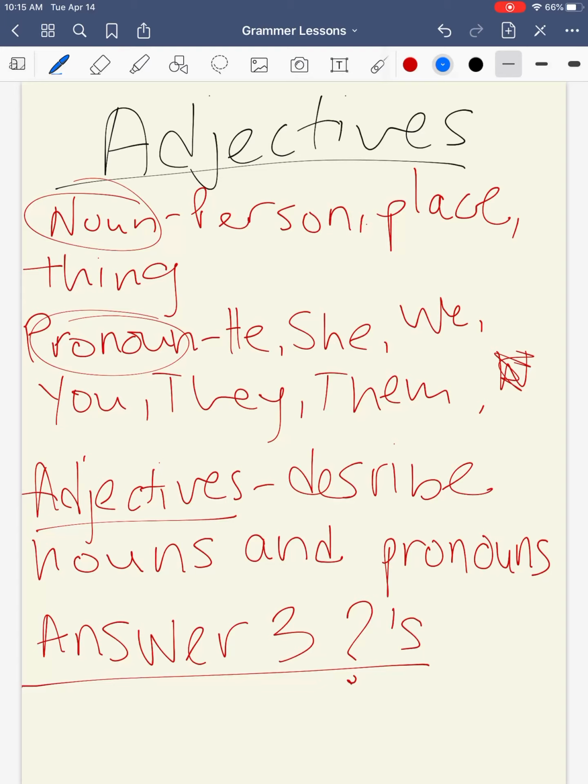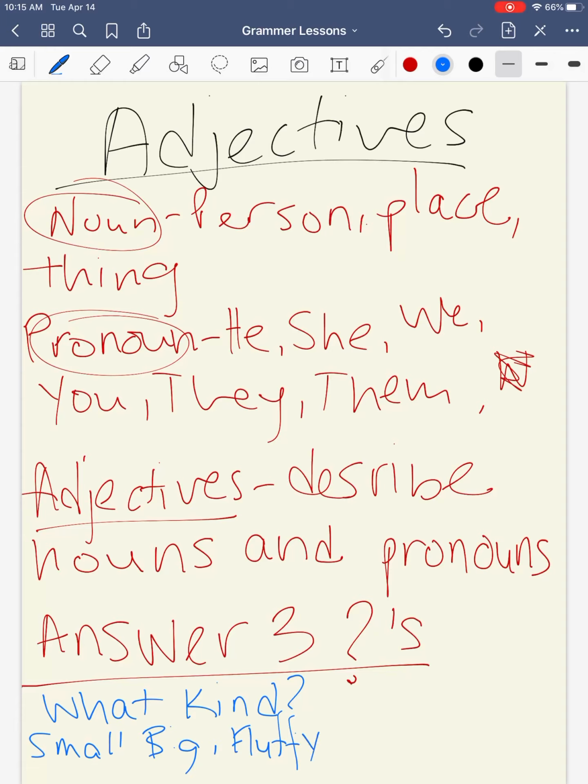What kind? Is it small, big, fluffy? Which one?